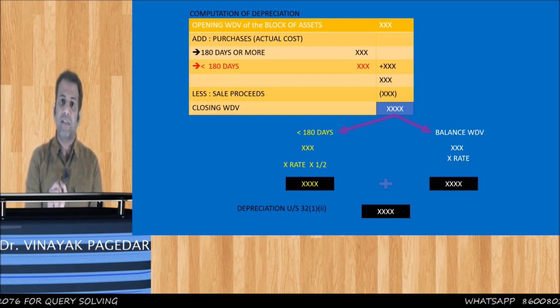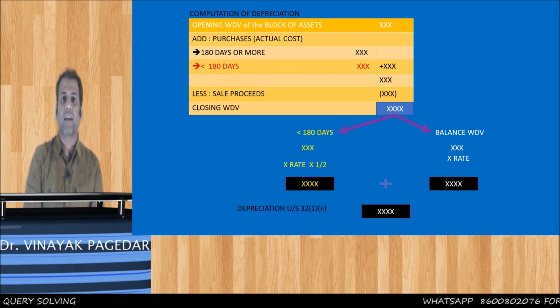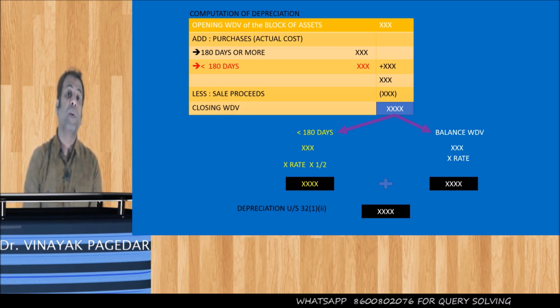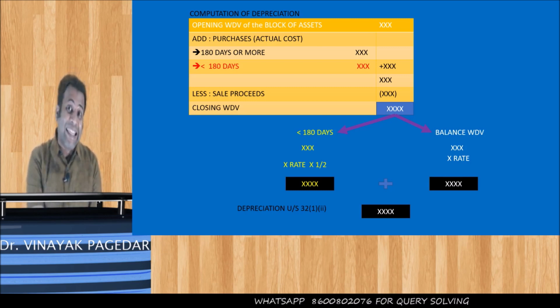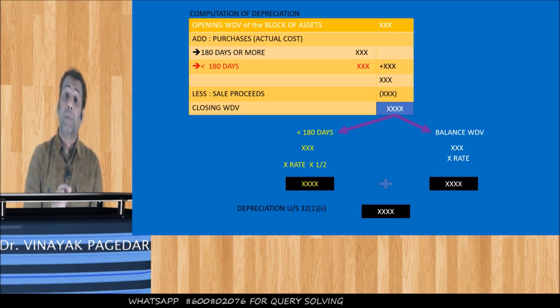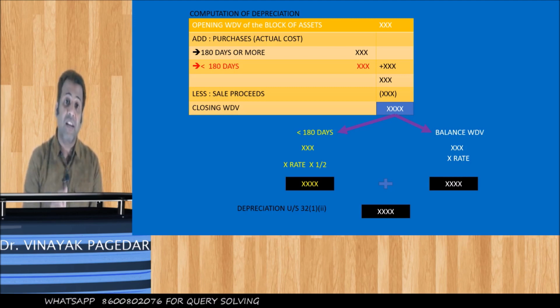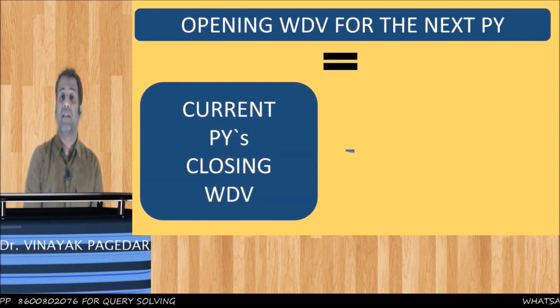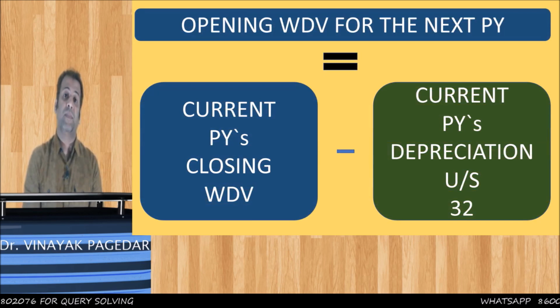And the depreciation under 32(1)(2) which we calculated comes to 15,000. Then what will be the opening WDV of the block for the next year? This year I'll get a depreciation of 15,000. But the next year's opening WDV will be the current year's closing WDV minus the current year's depreciation.